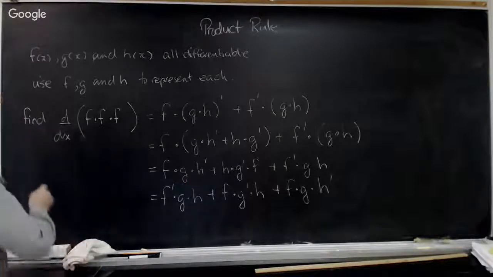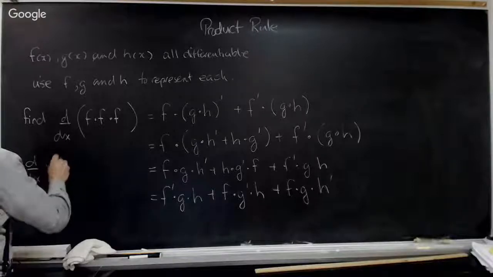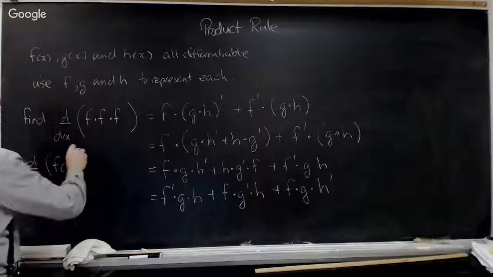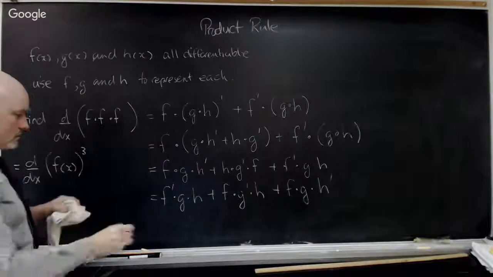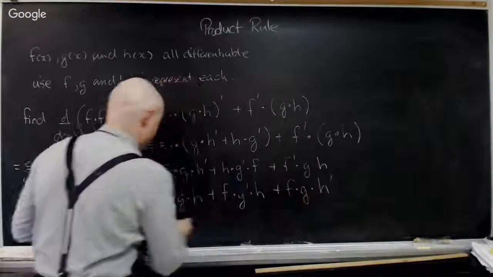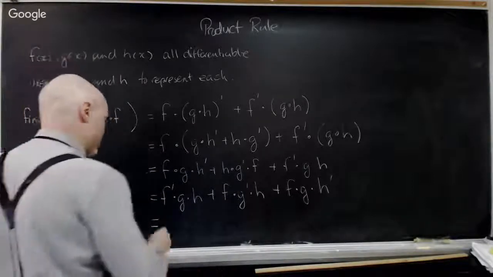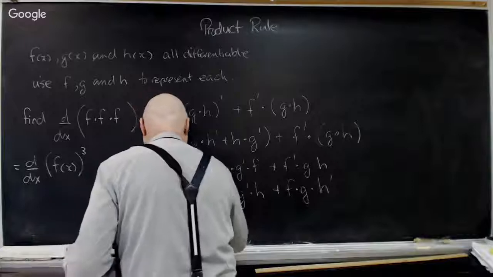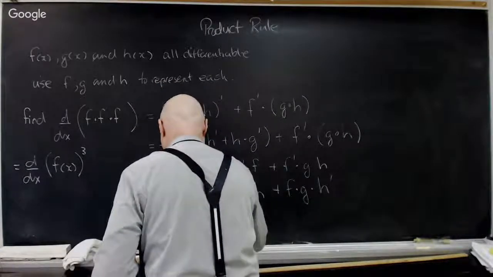So in other words, we're really finding the derivative of f at x cubed. I'm just going to take this derivative of the product of three functions and start throwing f's everywhere, even where I see g's and h's.